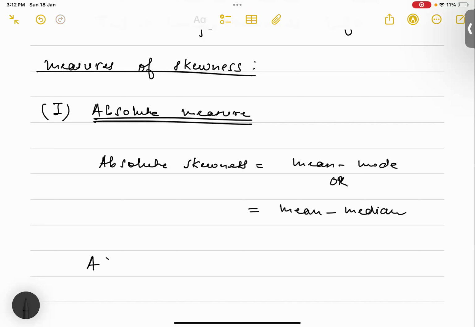So for absolute skewness, there is one more formula based on quartiles.